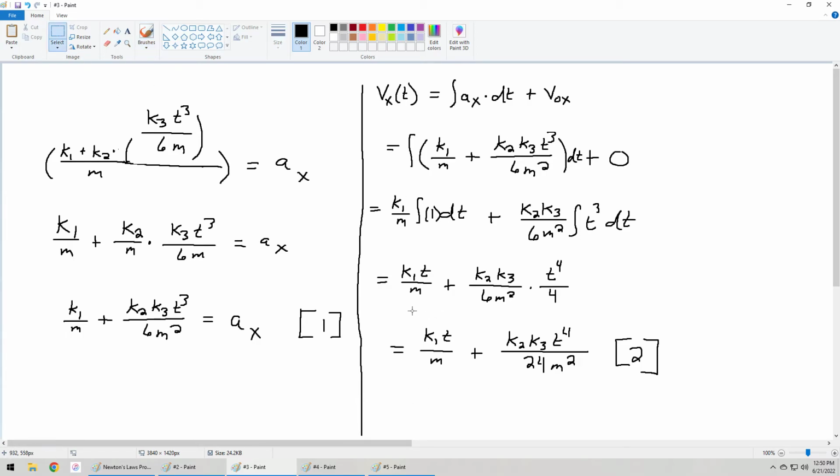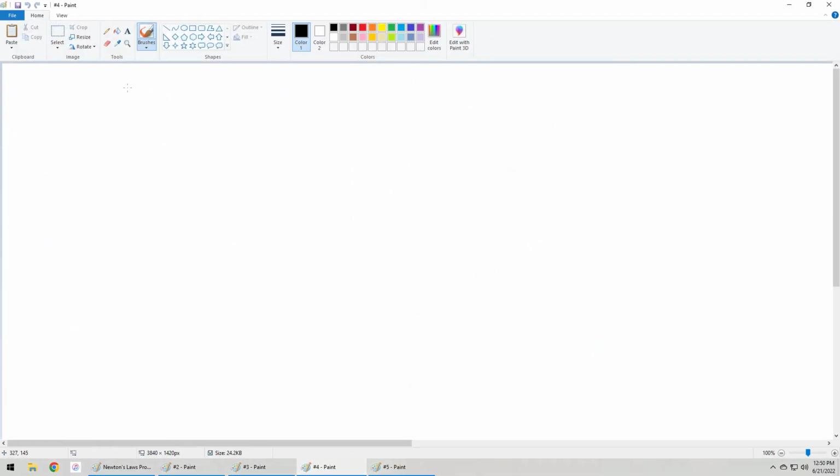So let me copy this over to a fresh page, and we're saying that the x component of the position vector as a function of time, which is the same as writing x, is equal to the integral of the x component of the velocity integrated with respect to time, and we're including any type of initial position in the x direction, which there is none.